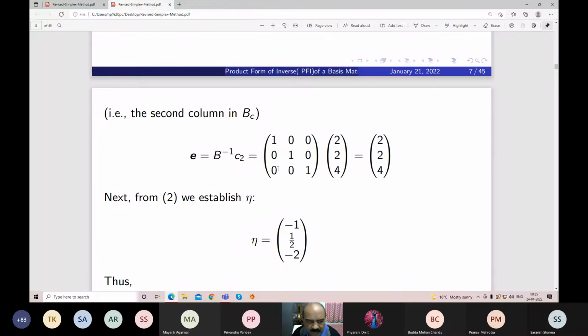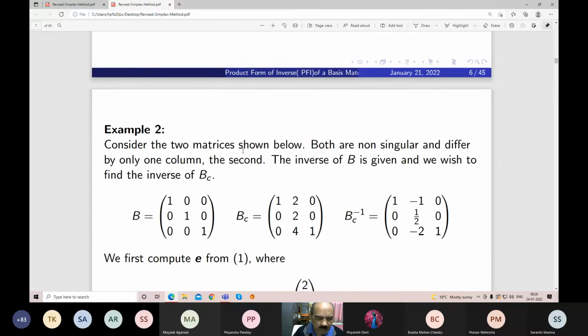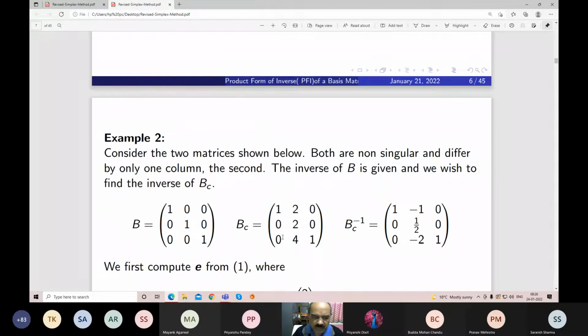Why am I writing in this fashion? Because you will not always find B as an identity matrix. Here B is an identity matrix, and BC has only one column different. For example, say B is not an identity matrix but its inverse is known.